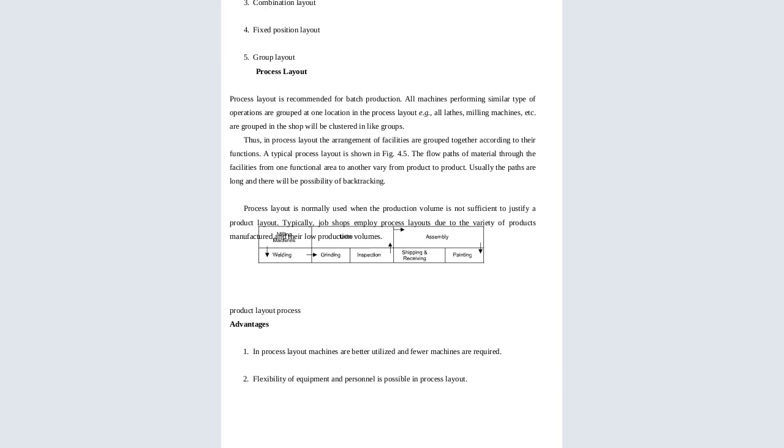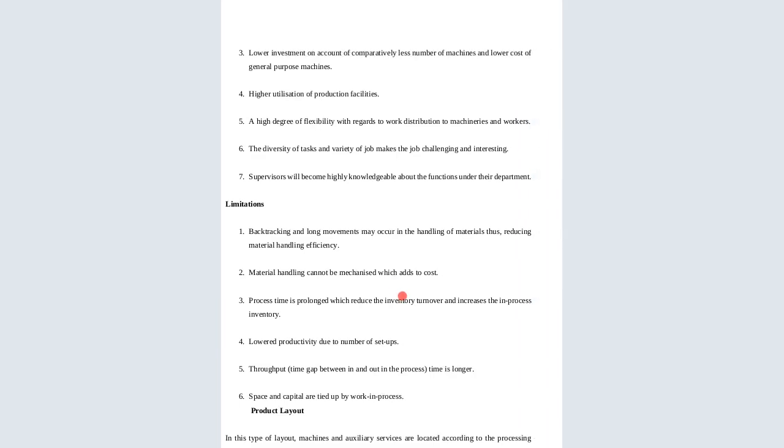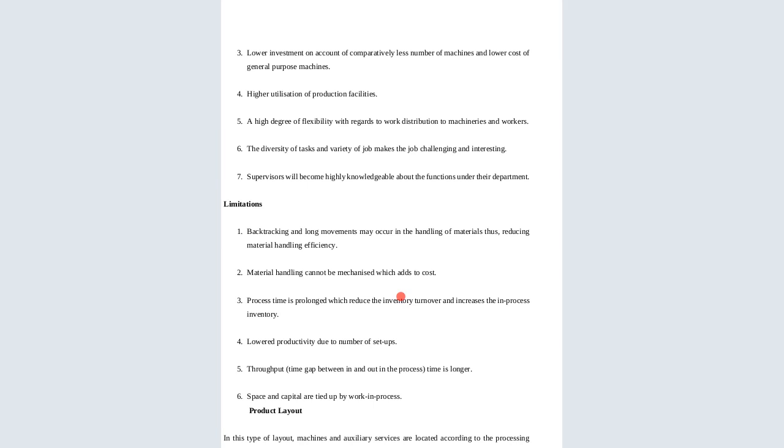Another one, flexibility of equipment and personnel is possible in process layout. Another advantage is lower investment on account of comparatively fewer machines and the lower cost of general purpose machines.